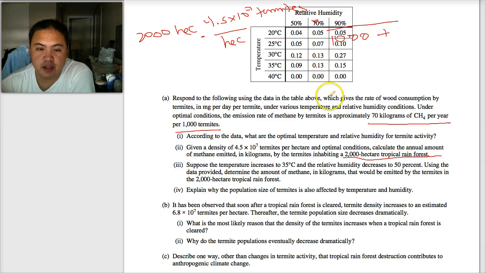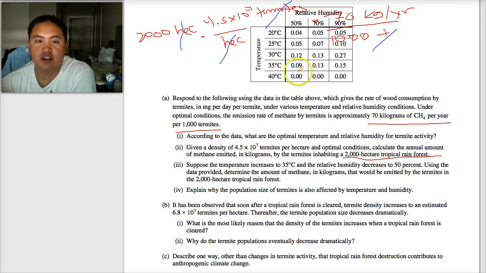For 1,000 termites, I get 70 kilograms of CH4 per year, which is actually the unit that we want. So if I do this correctly, and I'll use a different color, blue, hectares cancels out with hectares down here. Termites up here cancel with termites down here. So now to get the answer, all I've got to do is multiply across and divide by 1,000.